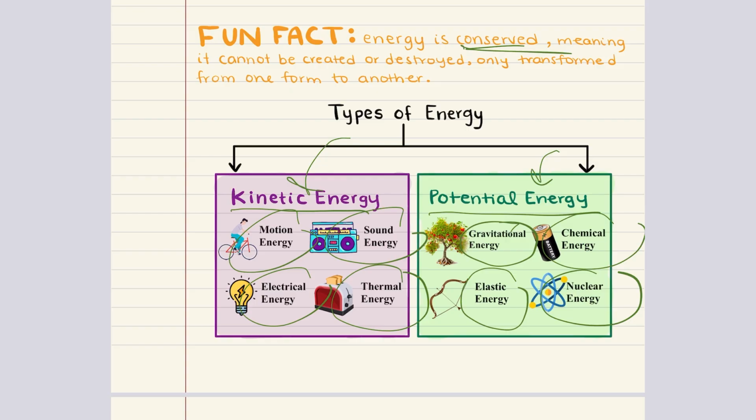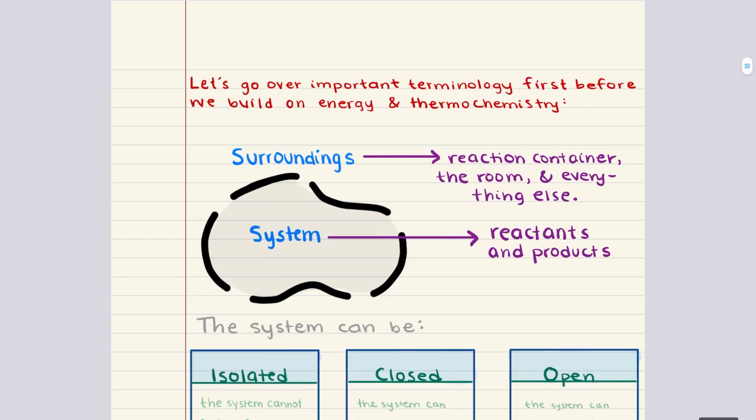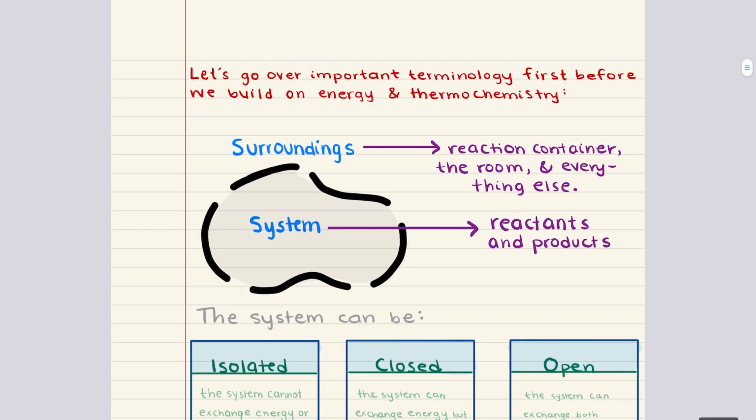With this understanding of what energy is and how it exists in different forms, it's important to pause and go over terminology that's going to reappear in this lecture for this unit before we dive any further. First and foremost, in thermochemistry, it's important to distinguish between the system and the surroundings.